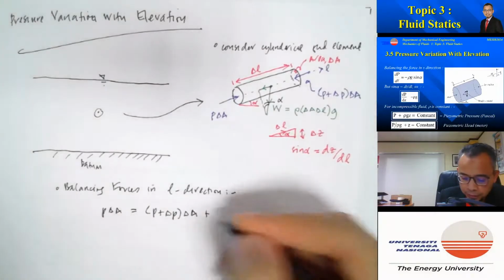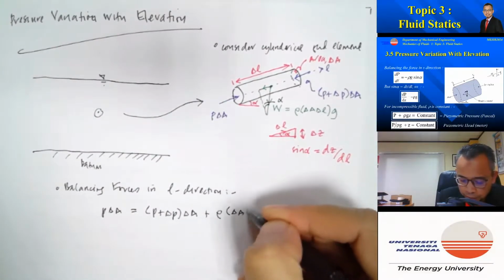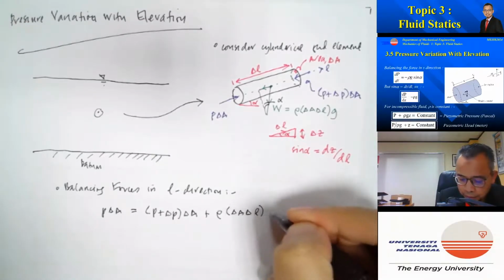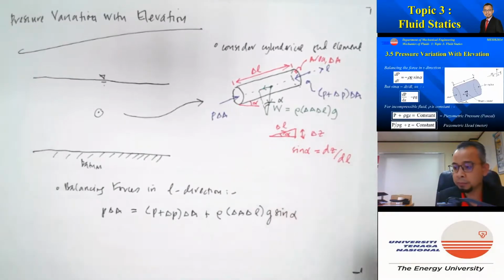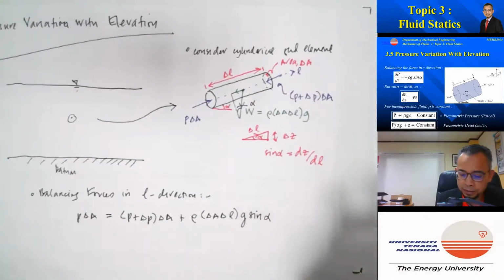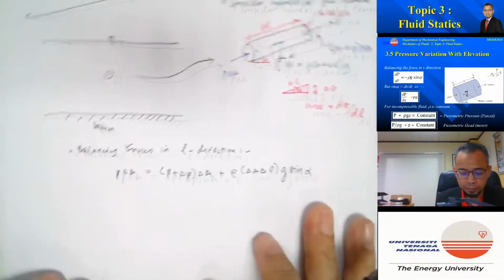So plus rho delta A delta L g sine alpha. But we know that sine alpha is equal to dz by dl.